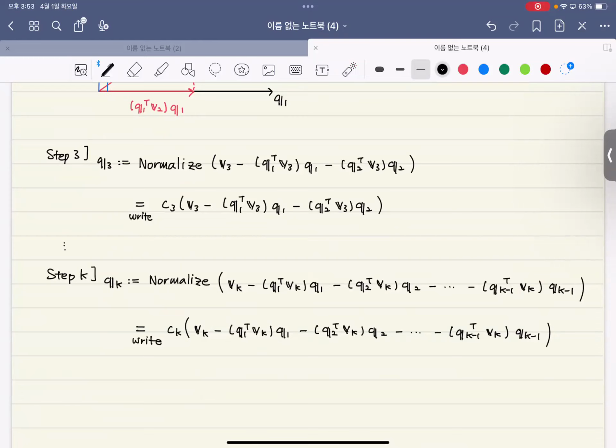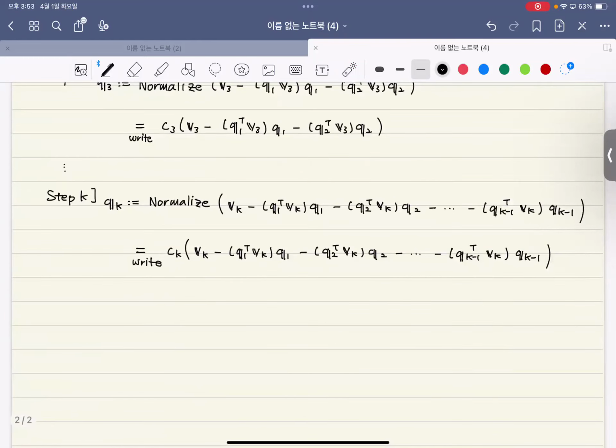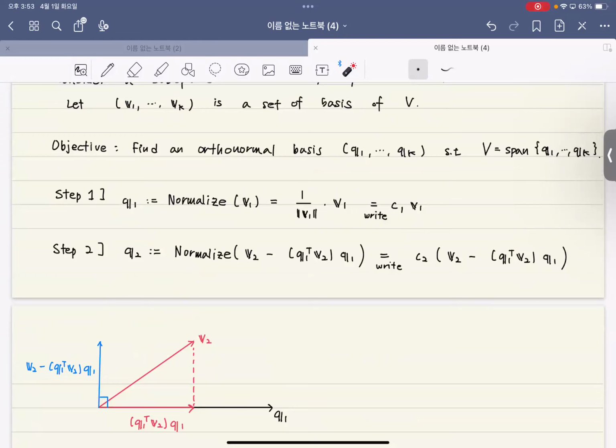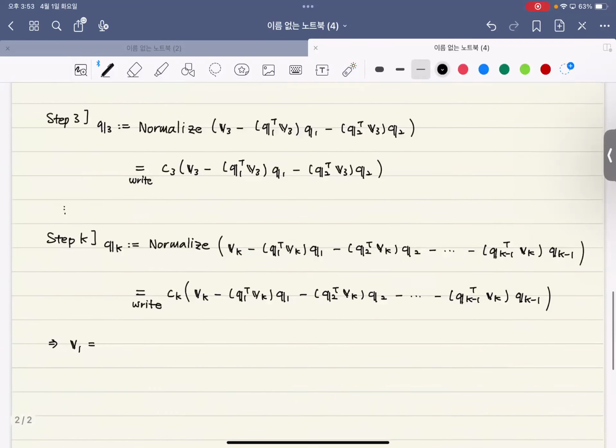So let me rephrase all of these relations like this. Let me go back to the first relation. Q1 is C1 times V1, so I should say V1 is 1 over C1 Q1.